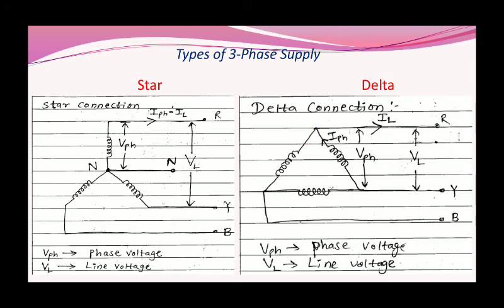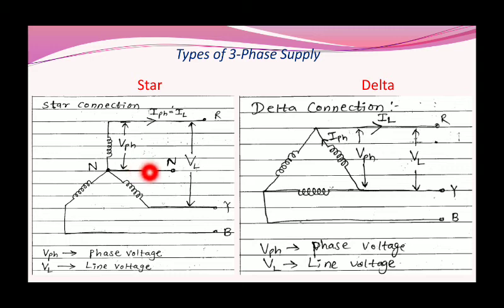That's why this triangle-like connection is called a delta. As I said earlier, one looks like a star, that's why it is called a star, and the other is triangular, and we generally call a triangular symbol a delta. In star there are three live wires, and in delta also there are three live wires.